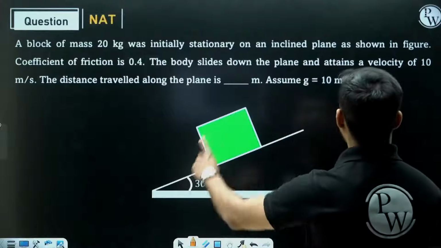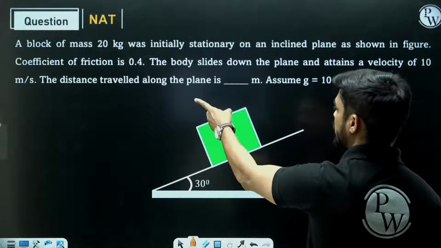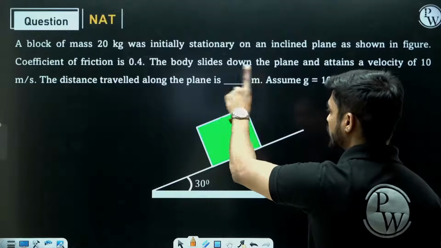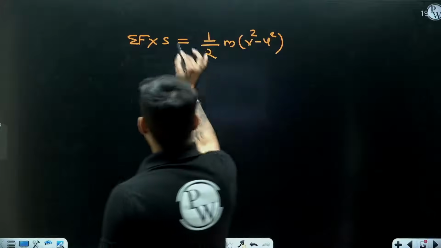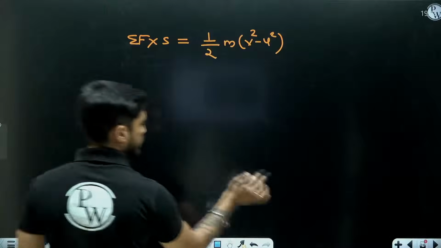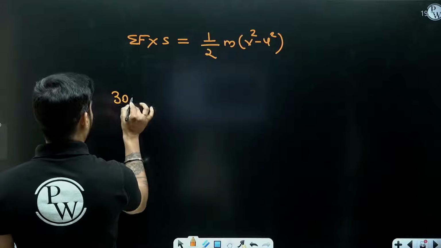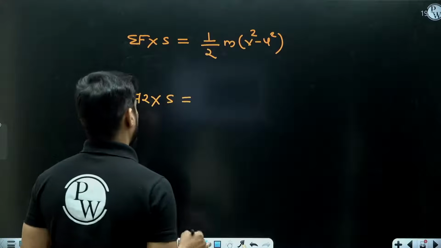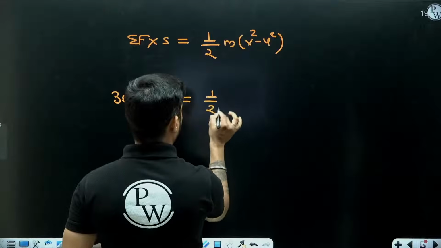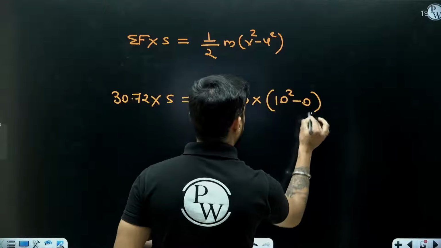They are saying that it slides down from rest and attains a velocity of 10 meters per second, meaning u is 0, v is 10. Distance traveled along the plane is how much? So they are asking S. So 30.72 multiplied by S equals half into 20 into 10 square minus 0.